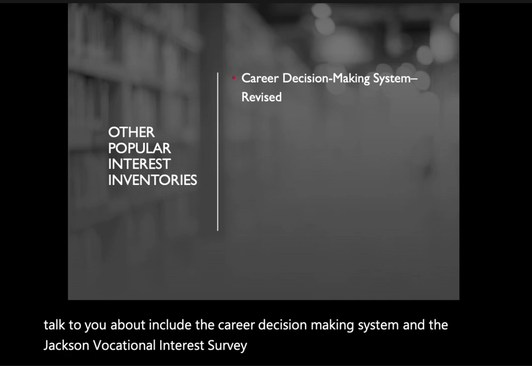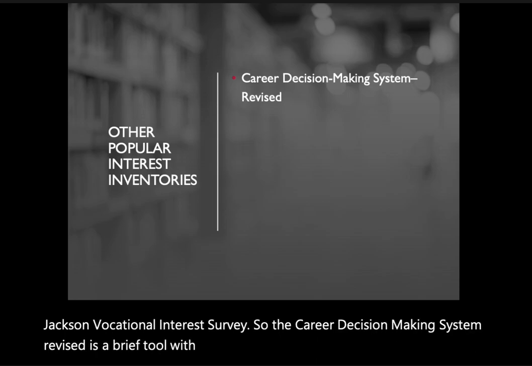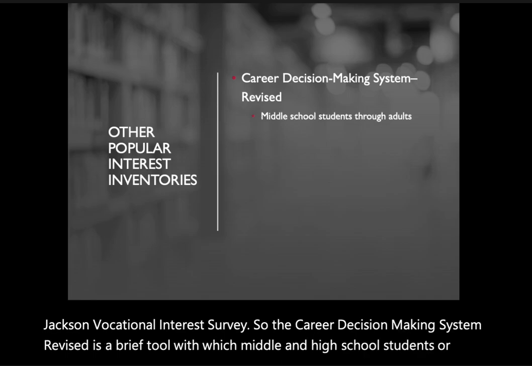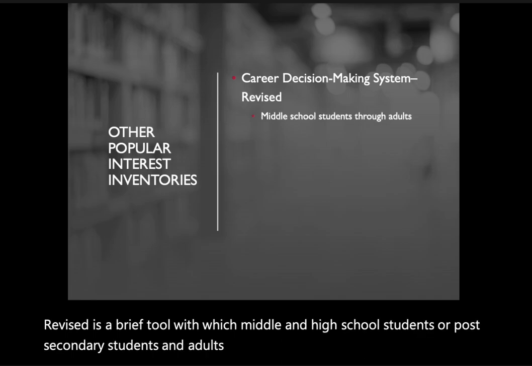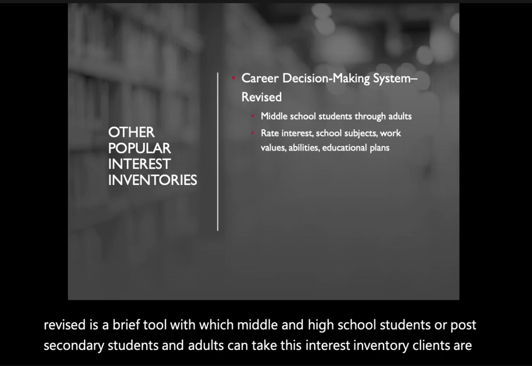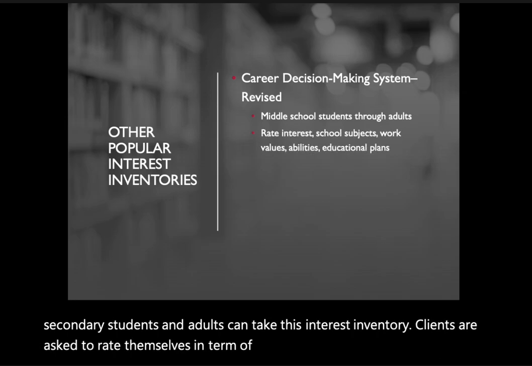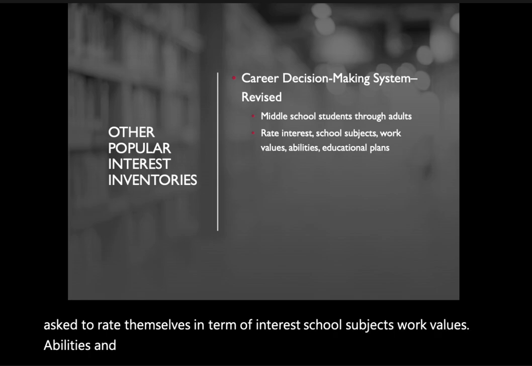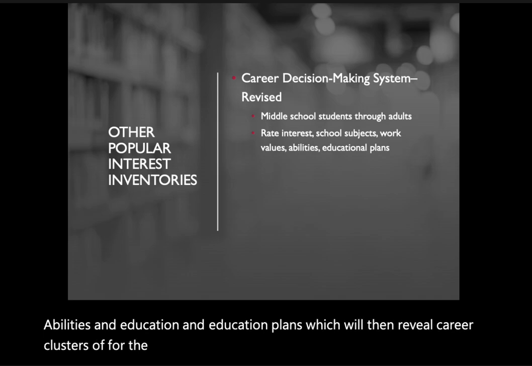So the Career Decision Making System Revised is a brief tool with which middle and high school students or post-secondary students and adults can take this interest inventory. Clients are asked to rate themselves in terms of interests, school subjects, work values, abilities, and education plans, which will then reveal career clusters for the client to investigate further.